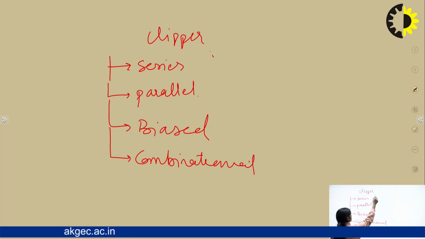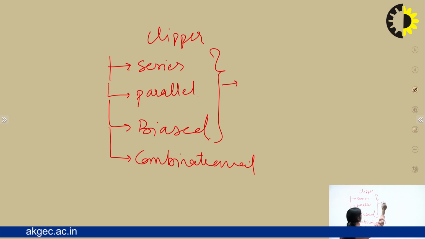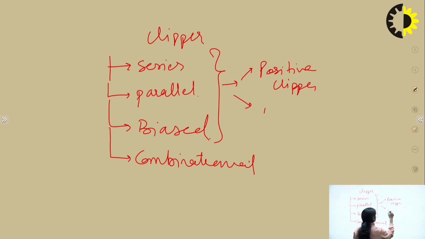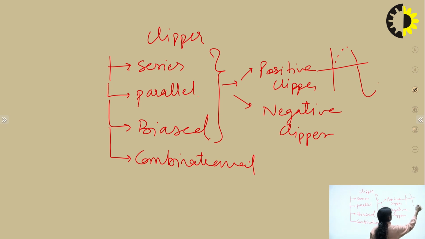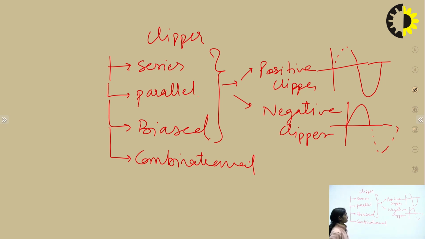Again there are two types of clipper, the positive clipper and the negative clipper. In a positive clipper the positive portion of the signal is removed, and in a negative clipper the negative portion of the signal is removed. Basically we have to focus on the series clipper and parallel clipper.